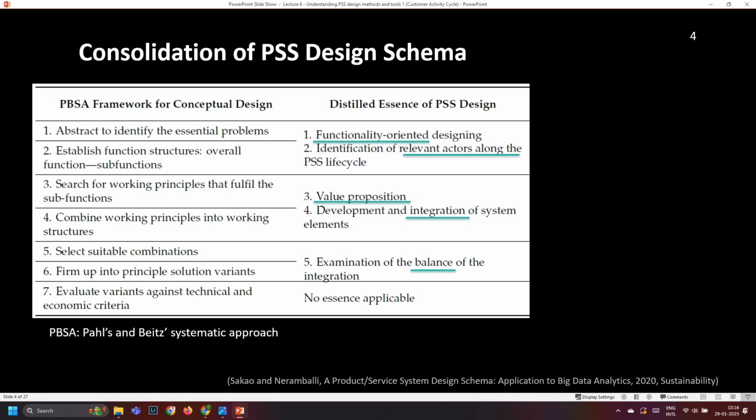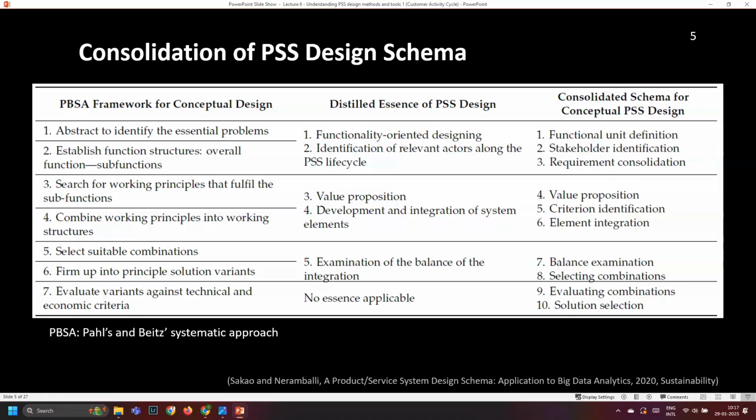And then what we did, in order to come up with a common procedure for PSS design, was to pour these essences into the Pahl and Beitz procedure. Then we came up with these 10 steps in a sequence.